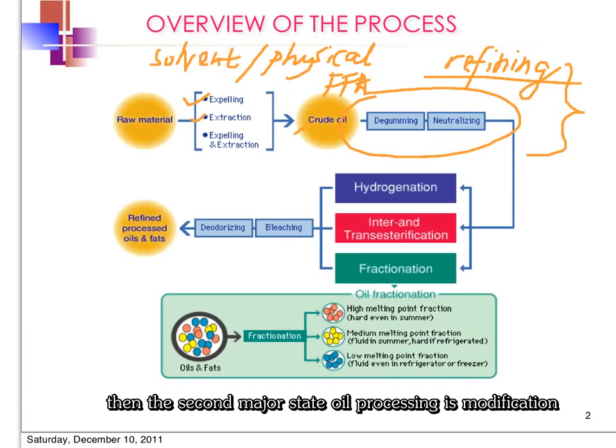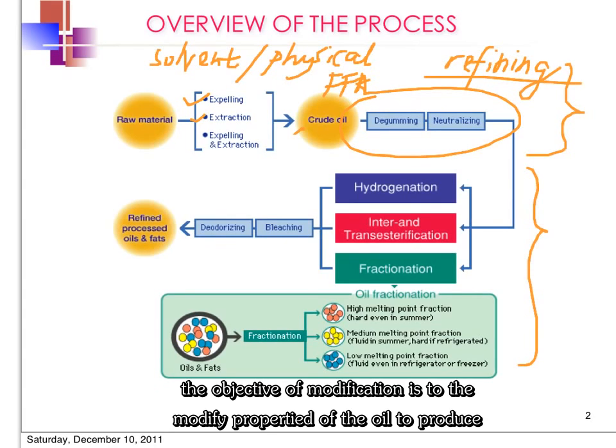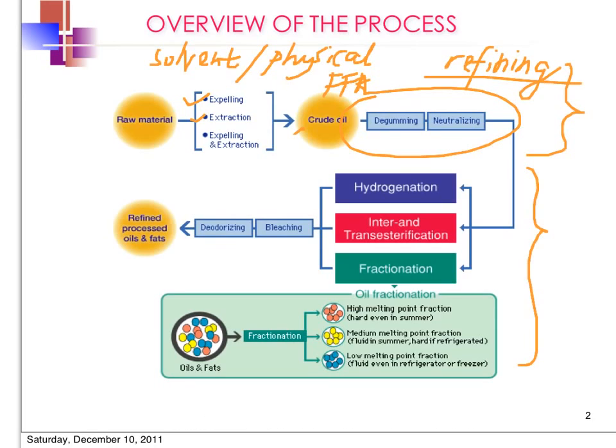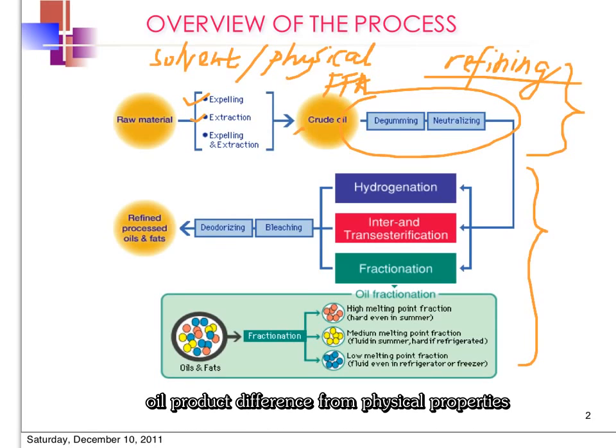Then the second major stage in the oil processing is the modification. The objective of modification is to modify the properties of the oil to produce oil products with different physical properties.